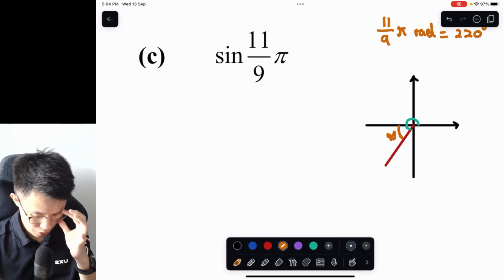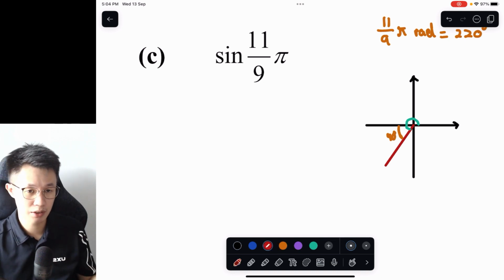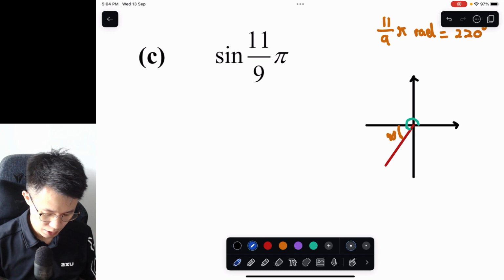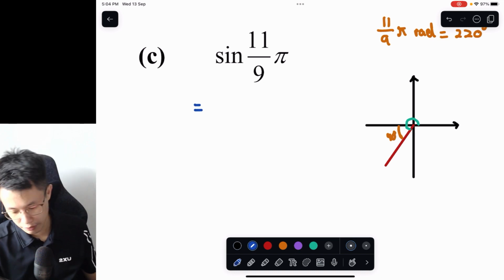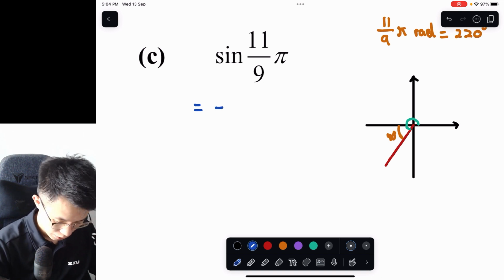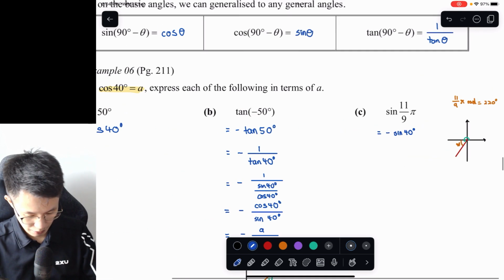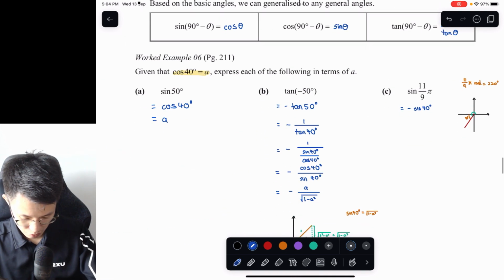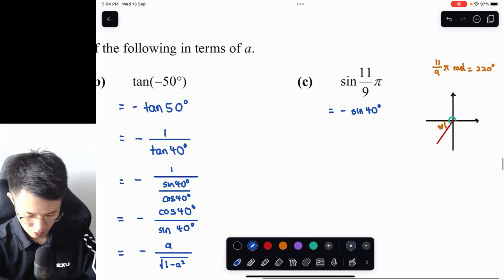Since the angle is in the third quadrant, sine is going to be a negative value. So it will simply be the negative of sine 40 degrees. And we have sine 40 degrees, which was the square root of 1 minus A squared.